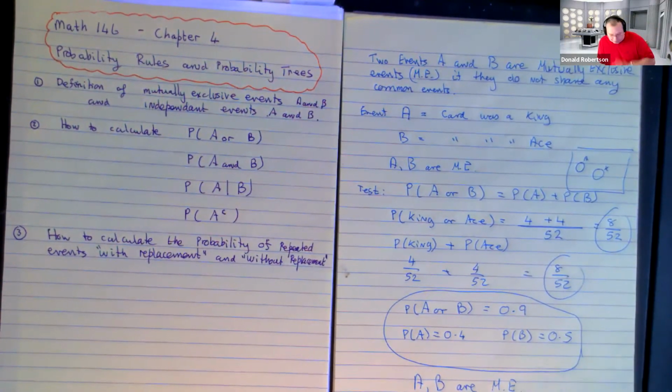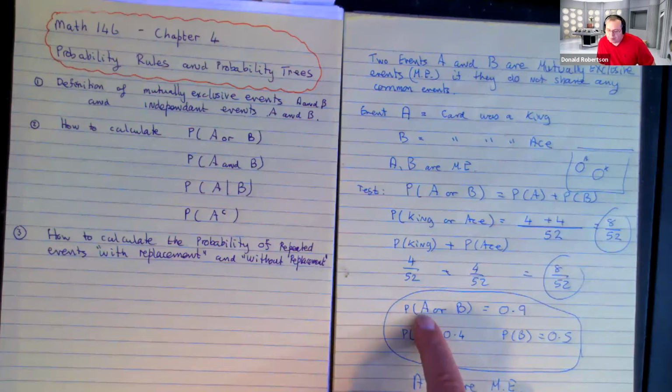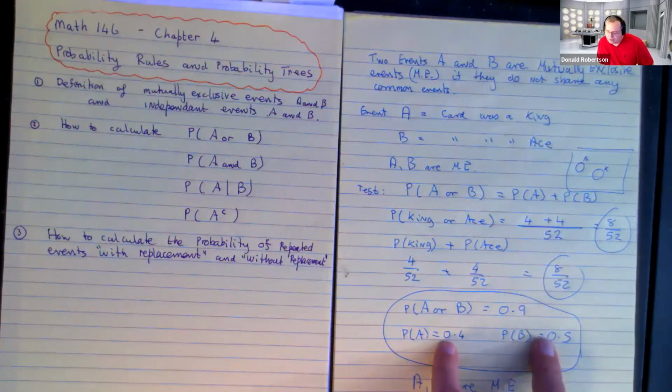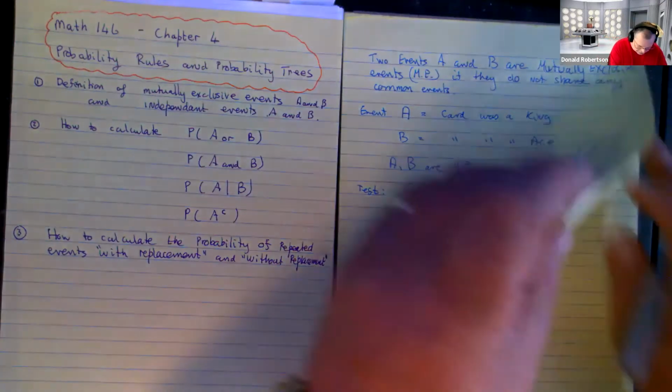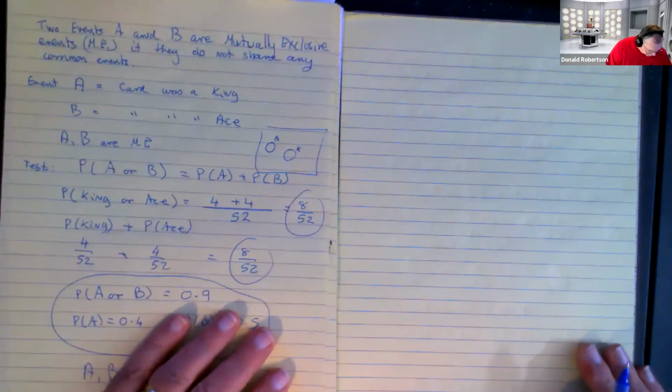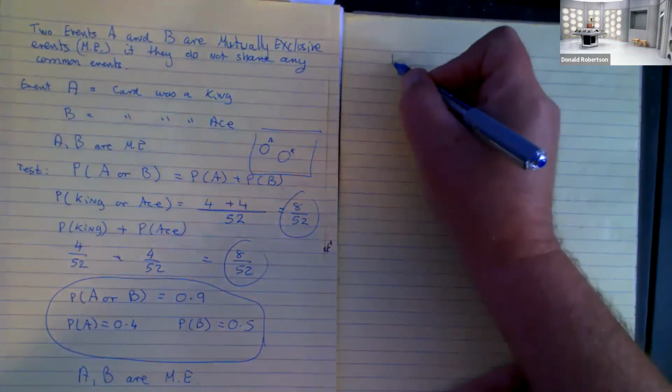And isn't it simply because these two add up to that one? Right. So two events are mutually exclusive if they don't share any common events. And you can test for it by finding the probability of A or B. And if it's the same as just the two individual probabilities added together, you are mutually exclusive. So let's show you something that's not.